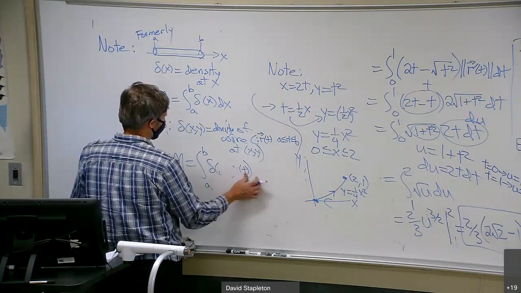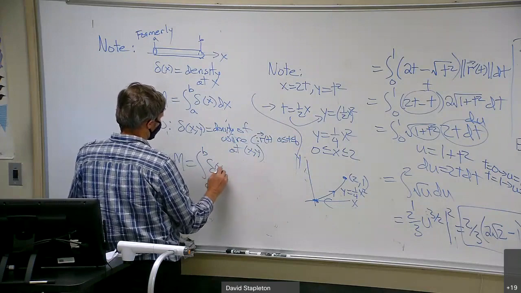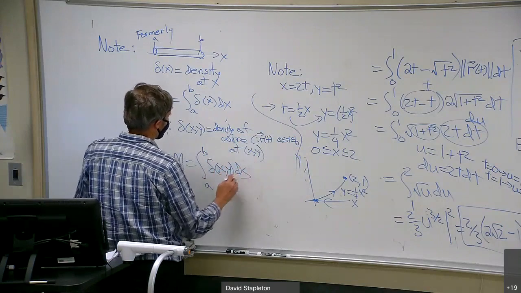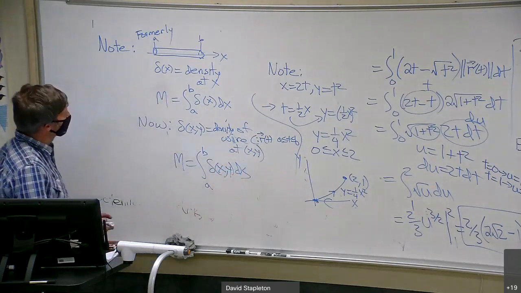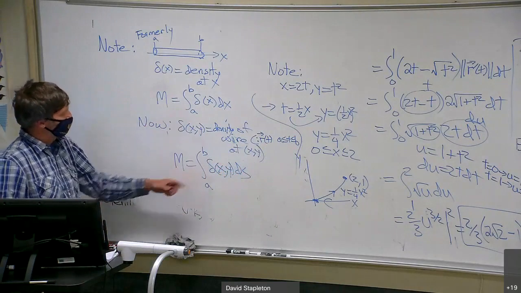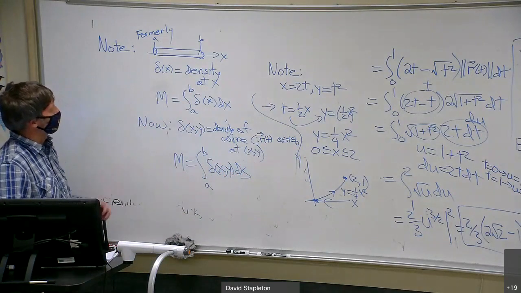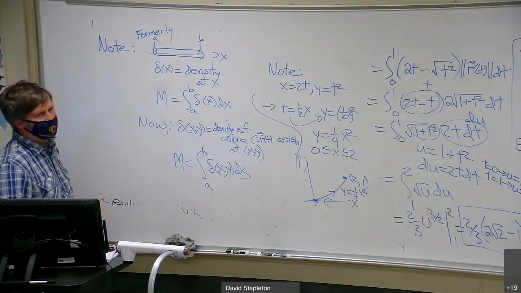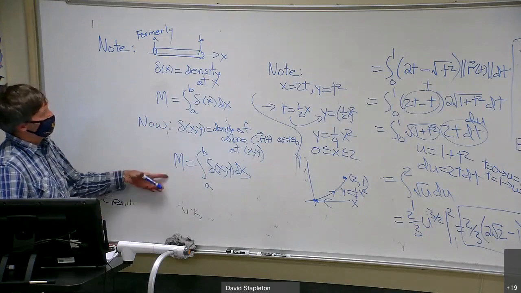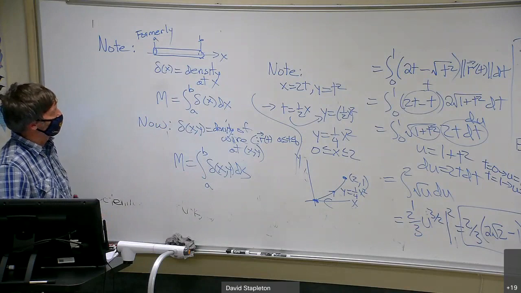Oops, I'm doing the atomic. It's the line integral of delta of x, y, ds. Sorry about the confusion. So you just take this one and redo it. You can do curved wires instead of just straight wires. So it has those kinds of applications in addition to getting curved areas.